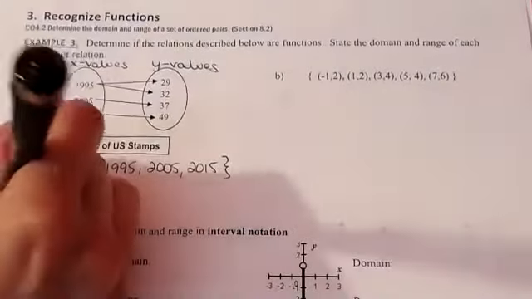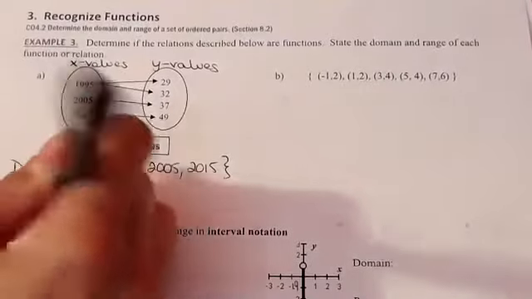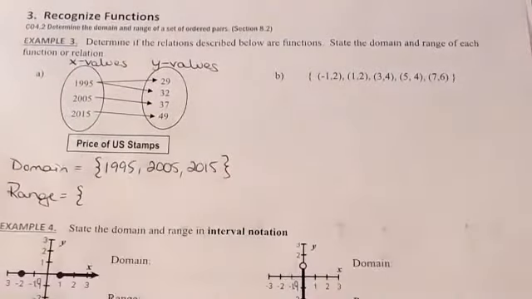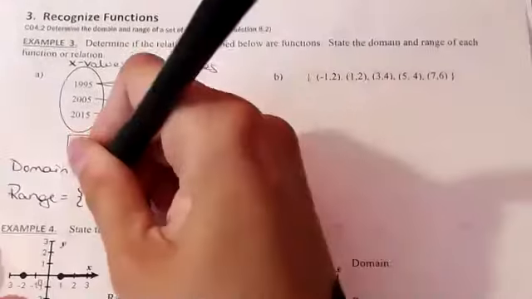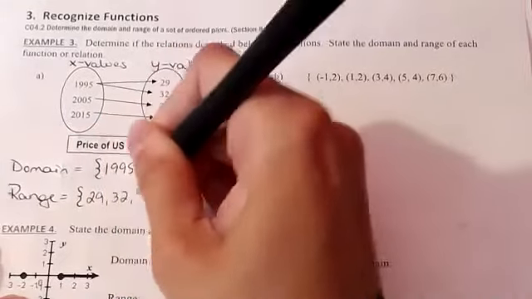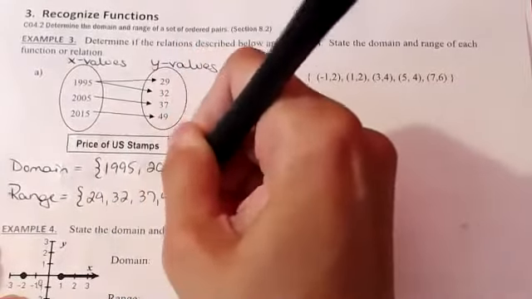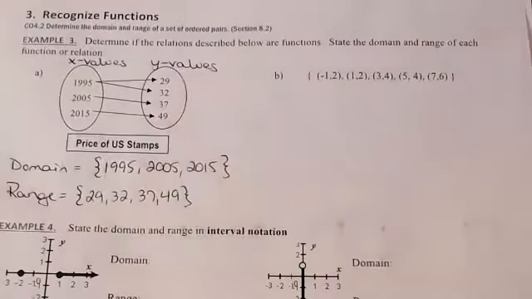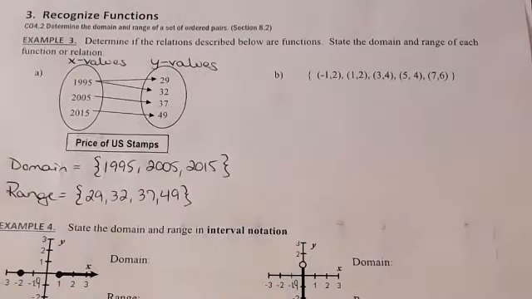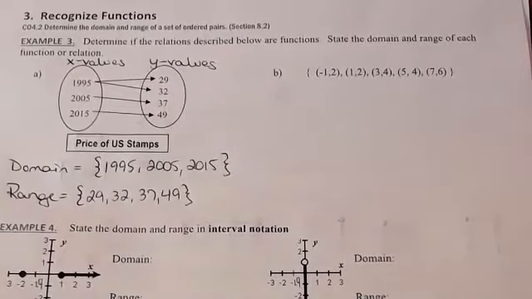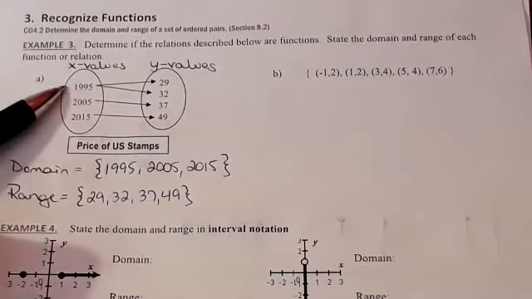Now your range is simply your Y values. It's kind of cool, right? You're essentially just listing what you see here. Your Y values are 29, 32, 37, 49. Perfect. We have our set of Y values. Now we have to determine, is this a function or not? What I want you to notice is that the X value, 1995, is mapped to two Y values.